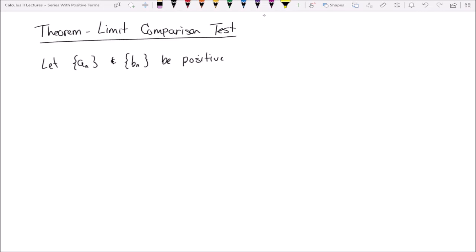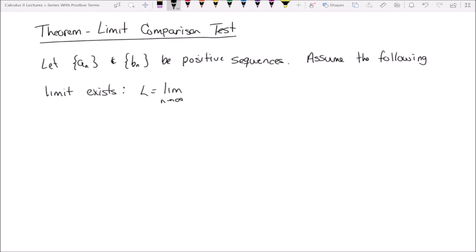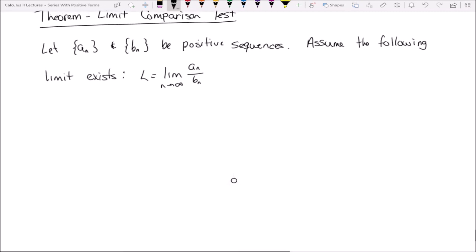Let a sub n and b sub n be positive sequences, right? So we have 3 possibilities.